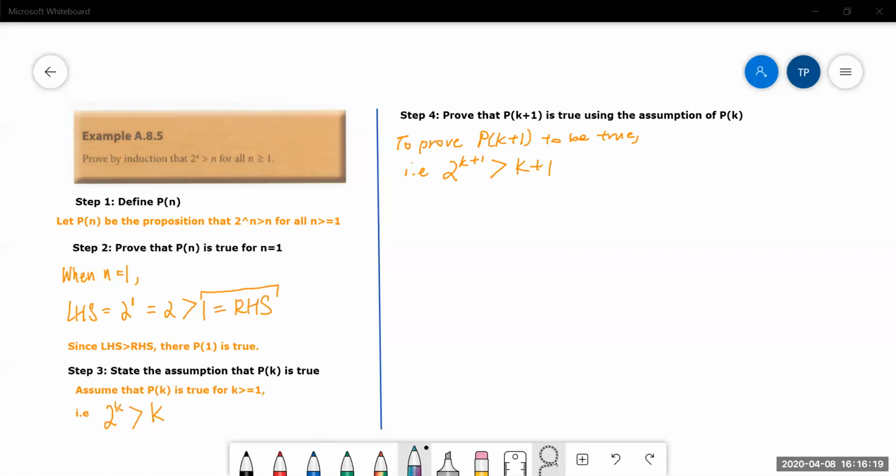Right? Then how? Whenever you want to prove k plus 1 to be true, you always have to use the Pk. You have to use the Pn where n equals to k to prove it. So you want to try?